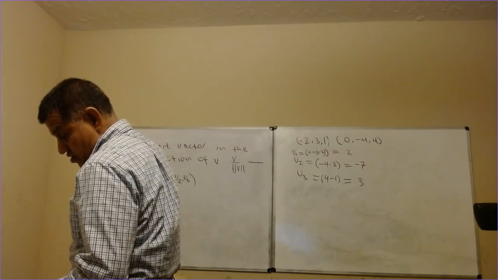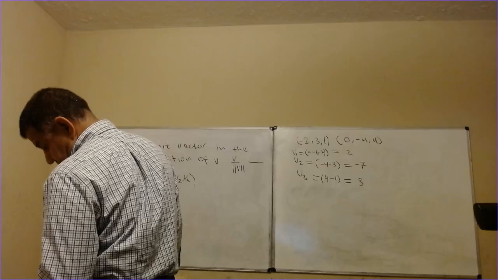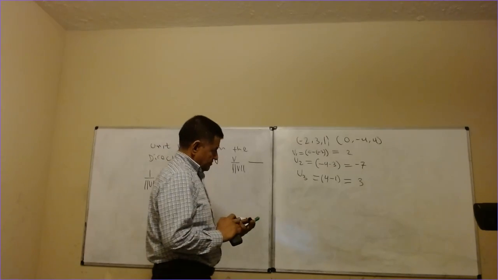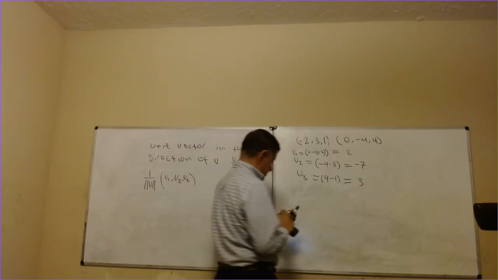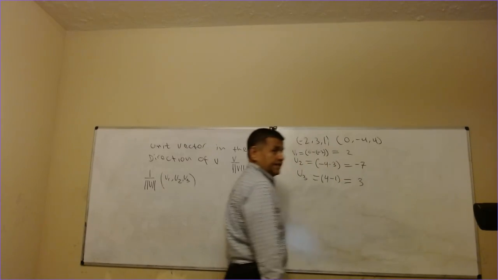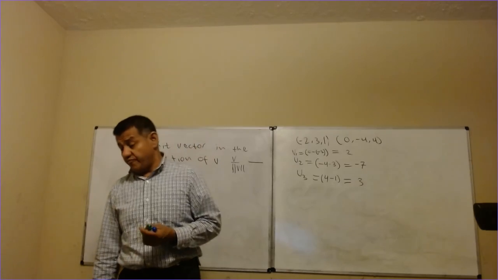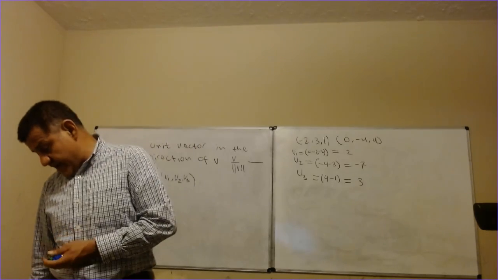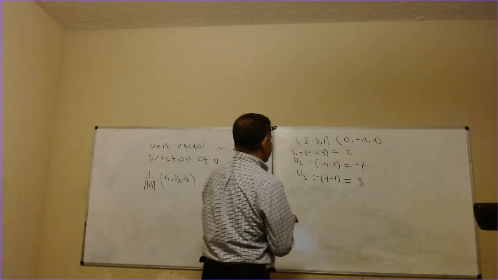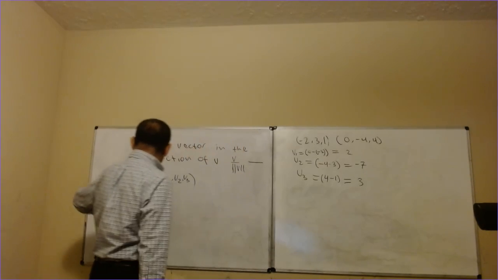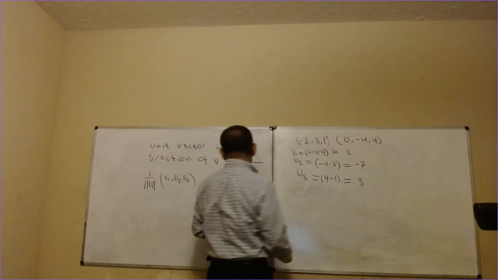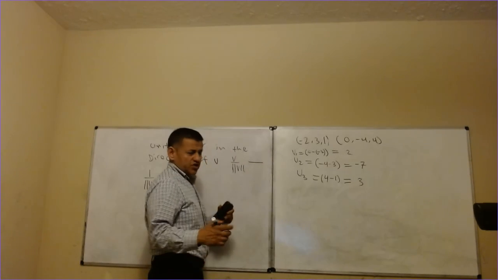So now what do I have to do? Now I got the points. Those are the differences, the numbers that we were looking for as far as components. Now, I need to find the magnitude of V. The magnitude is also called the resultant.